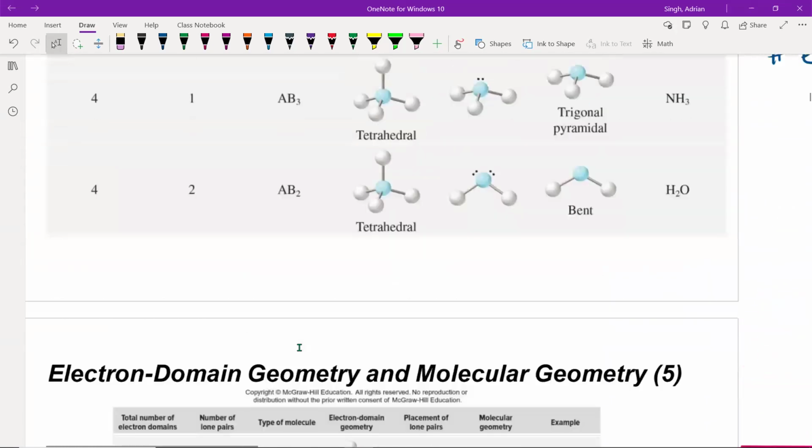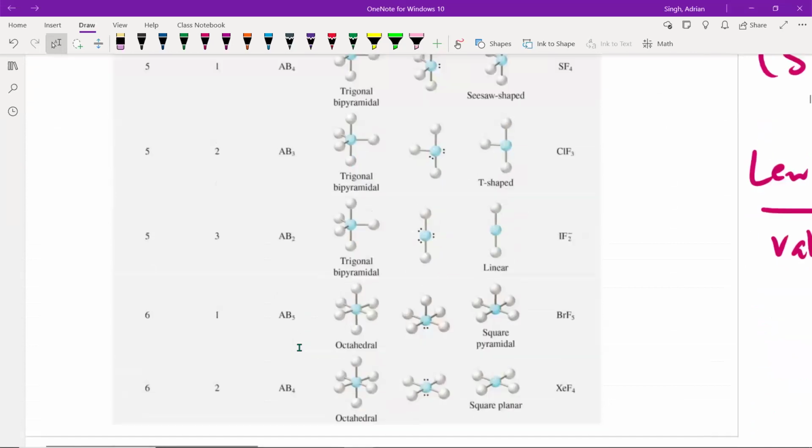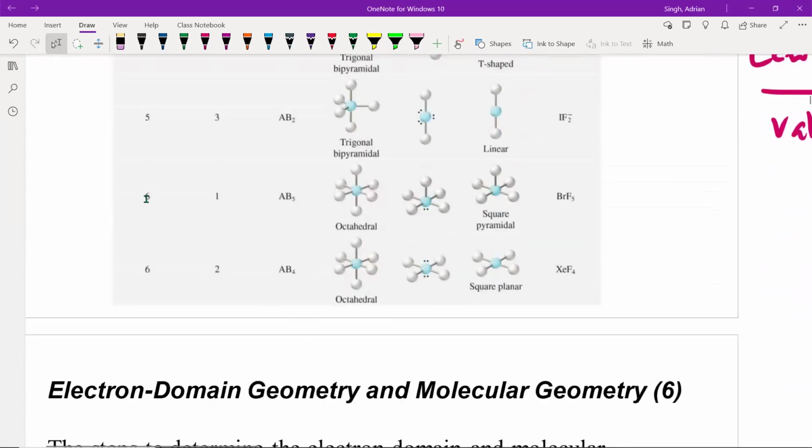We can also have linear shapes just by having 2 atoms and 2 electron domains around the central atom as well. As we go on to 6 electron group geometries, the shapes become a little different also.